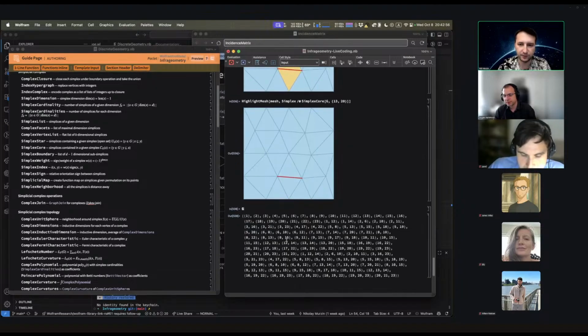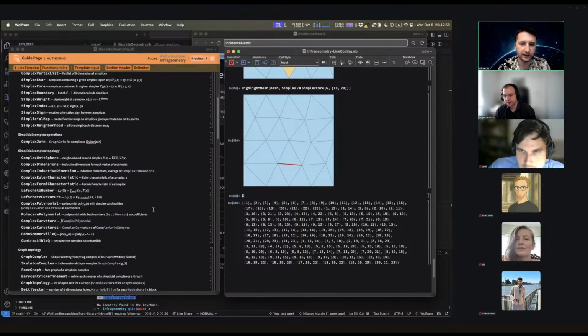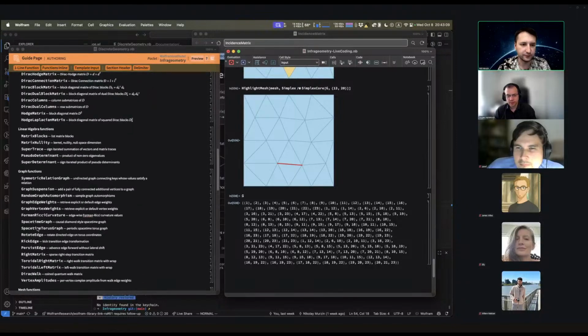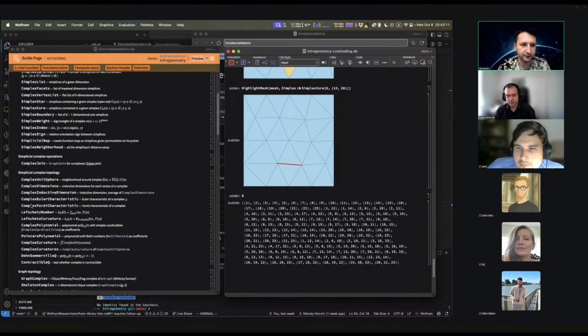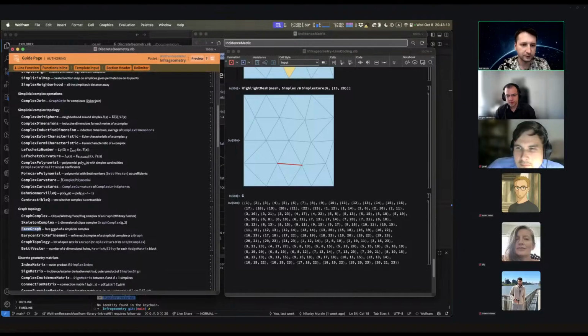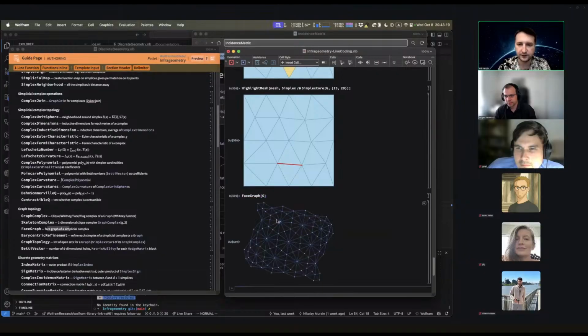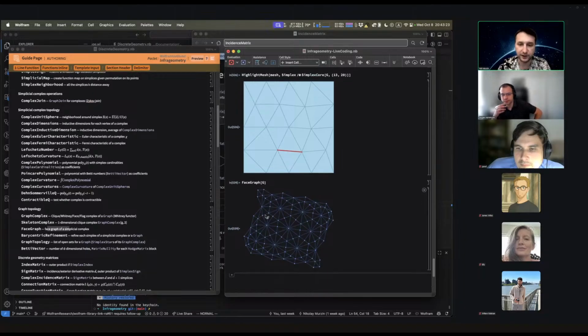You can also forget about that. If you have this complex, you can always turn it into a graph. You just pretend that all the triangles are cliques. There's a notion of a face graph, and we have a face graph here. The face graph basically turns this complex into a graph, but each triangle just becomes a clique, right?